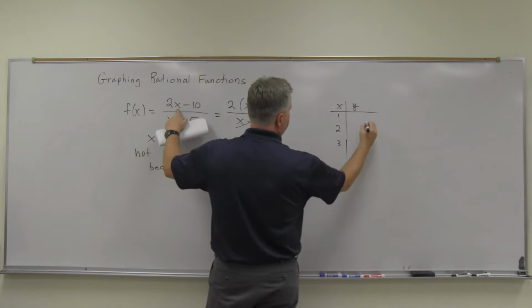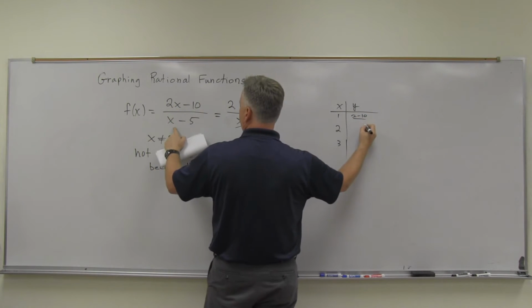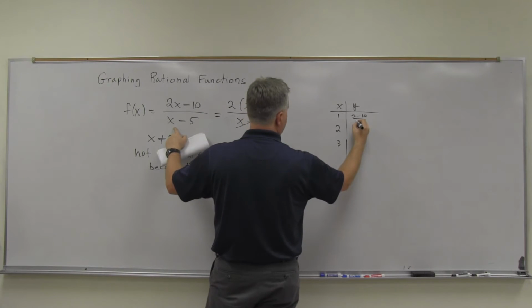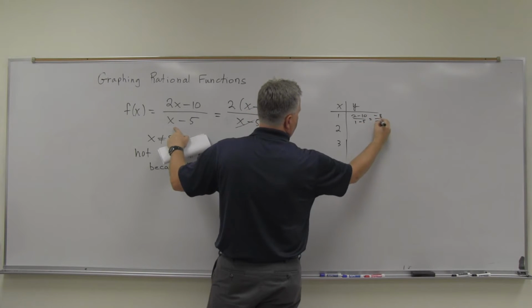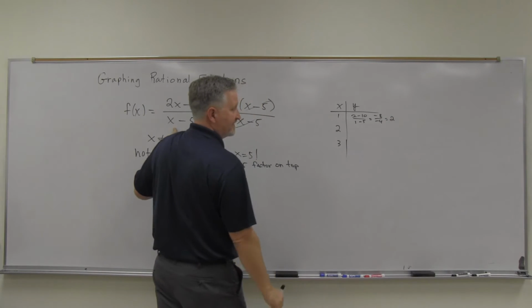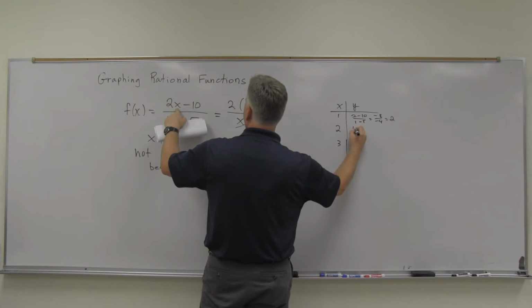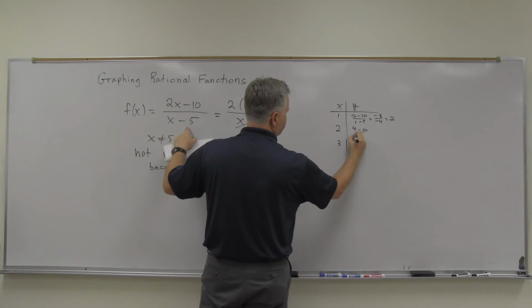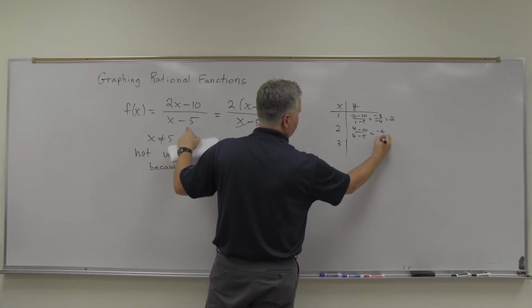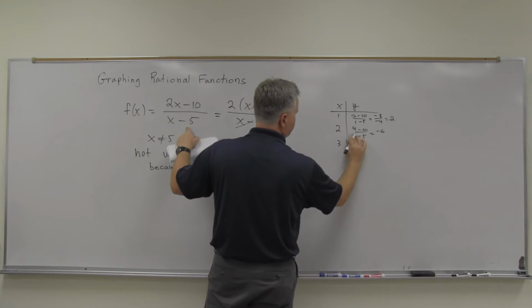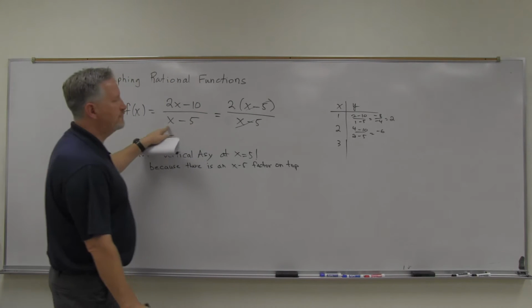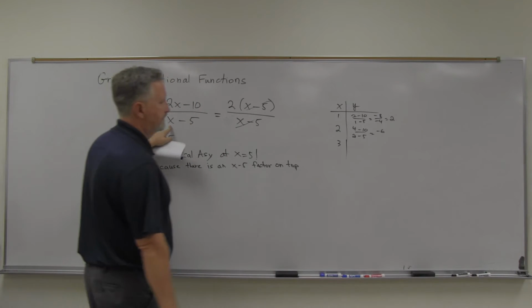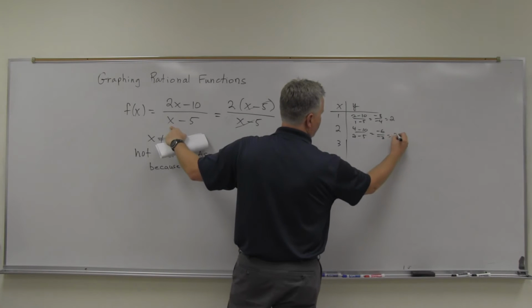If x is 1, we've got 2 minus 10 over 1 minus 5, which is negative 8 over negative 4, which is 2. When x is 2, we get 4 minus 10 over 2 minus 5. I keep wanting to do 2 on the bottom, but it's just x on the bottom. So it's negative 6 over negative 3, positive 2.